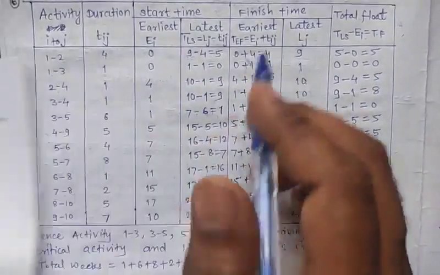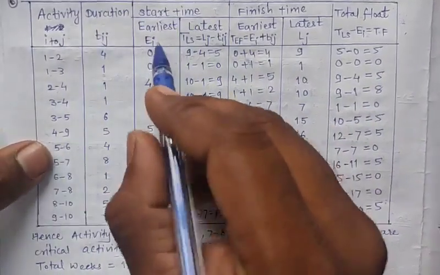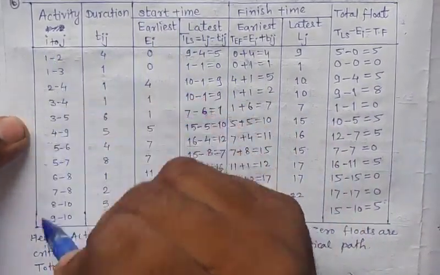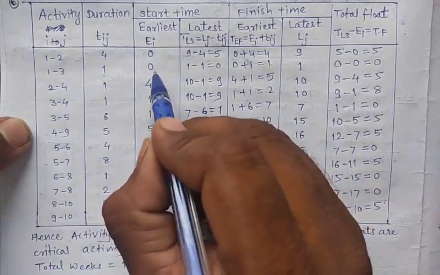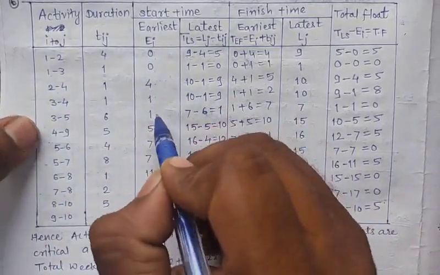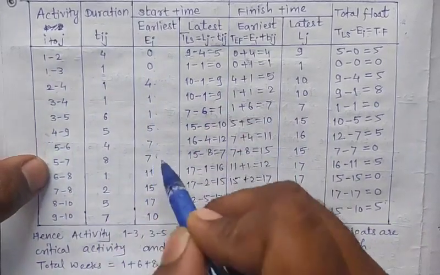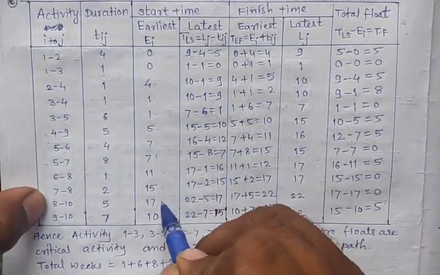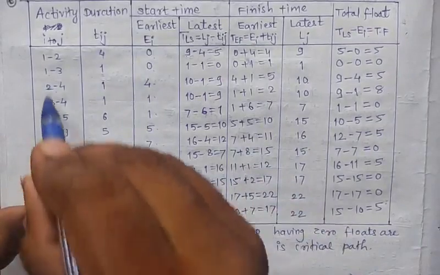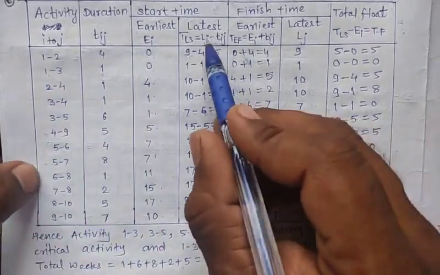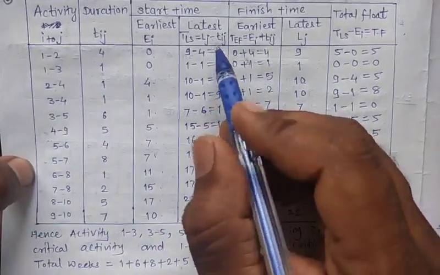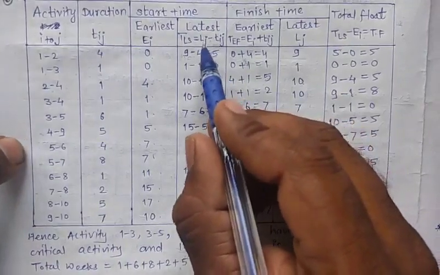Now write down the earliest values. For Ei, this is the ith event. So this is E1, E1, E2, E3, E3, E4, E5, E5, E6, E7, E8 and E9. Now to calculate the latest value, we have the formula Lj minus Tij.